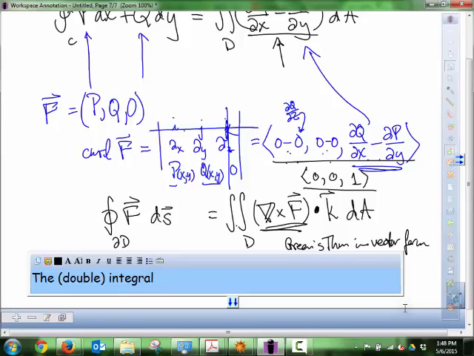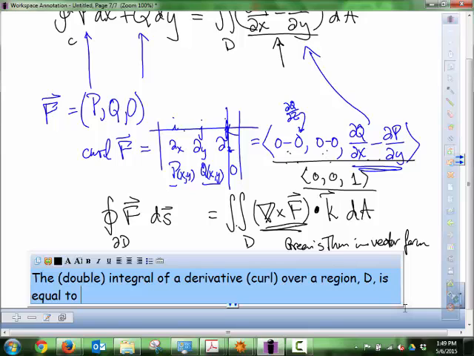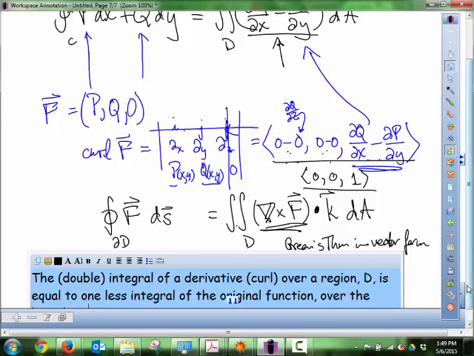So basically I want to say the integral of a derivative, in this case our derivative is the curl, the integral of a derivative over a region D is equal to one less integral of the original function over the boundary.